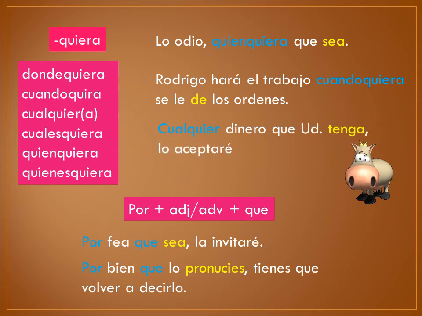And down below, por plus an adjective or adverb plus que, that will signal the subjunctive, meaning however. For instance, however ugly she may be, I'll invite her, or however well you pronounce it, you have to say it again.